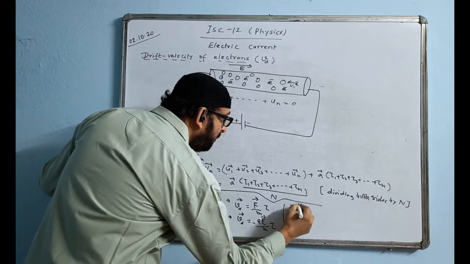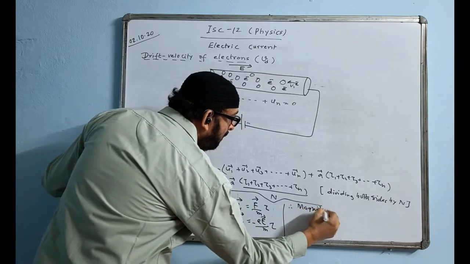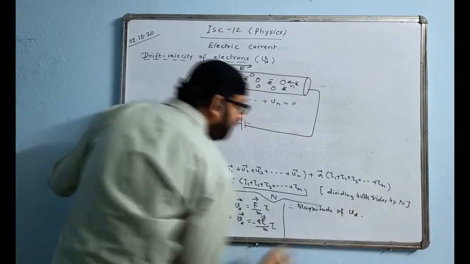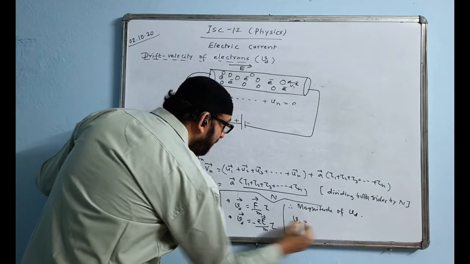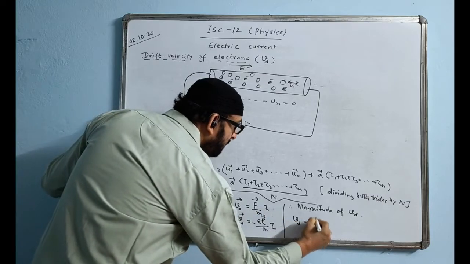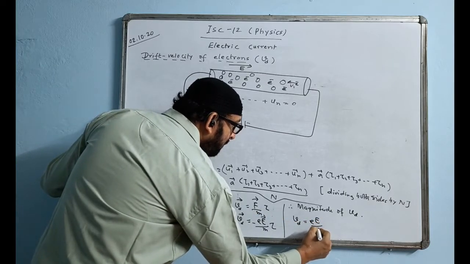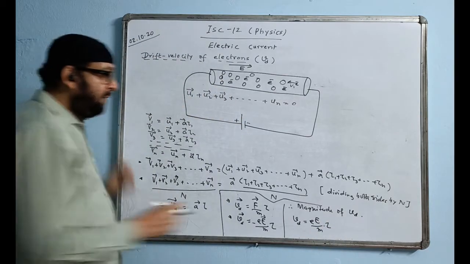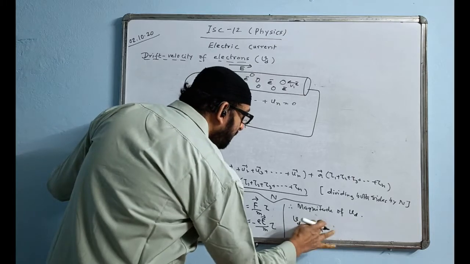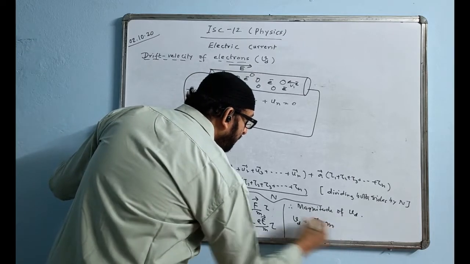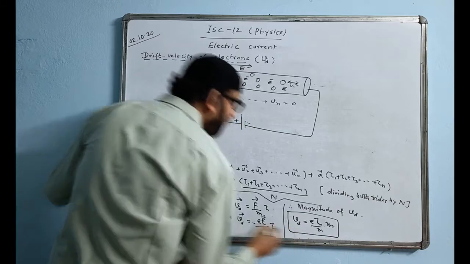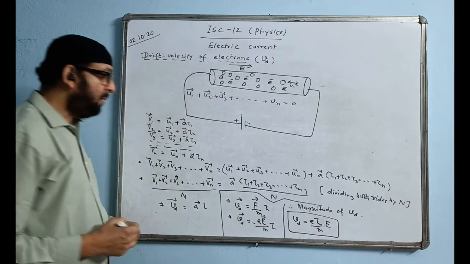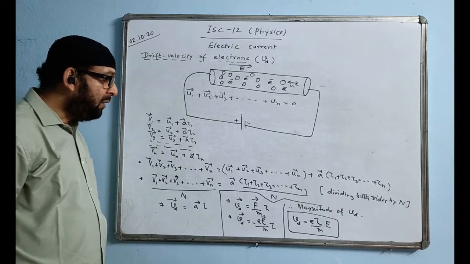Therefore, for the magnitude of Vd, we are not taking the minus sign, only the magnitude, so the answer will become eE by m into tau, or we can write it as eE tau by m. So this is the relationship: Vd is equal to eE tau by m.